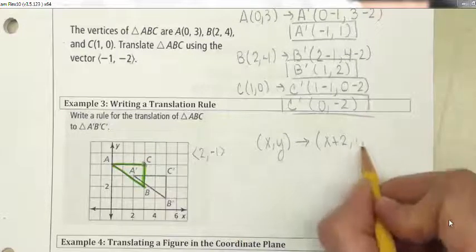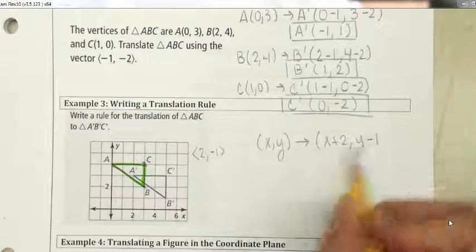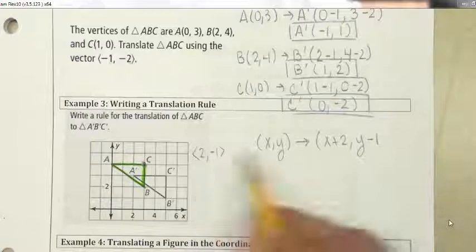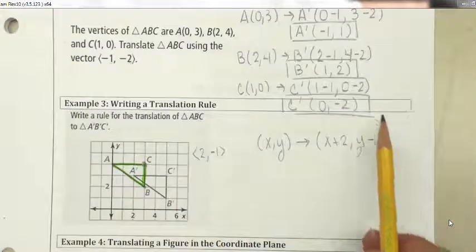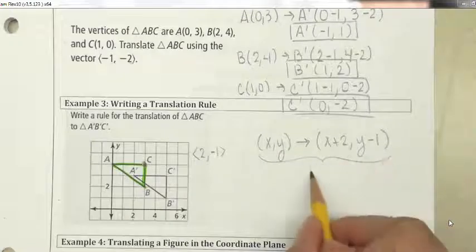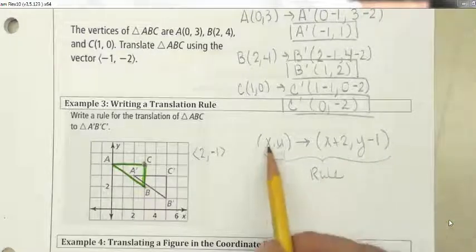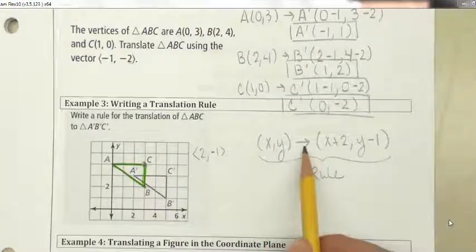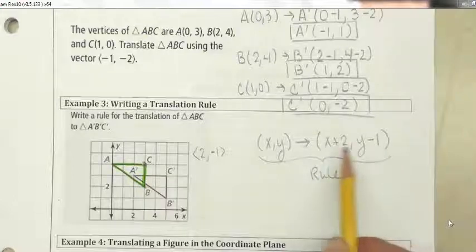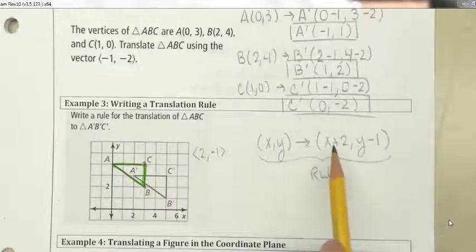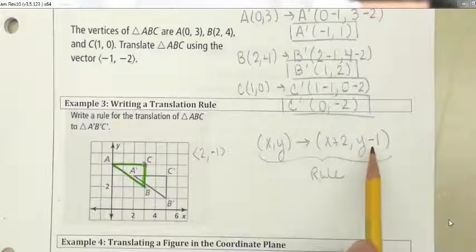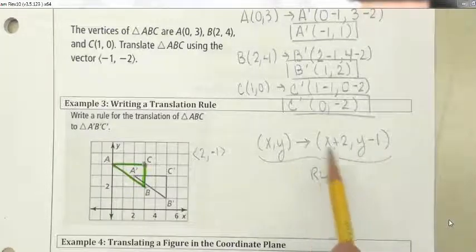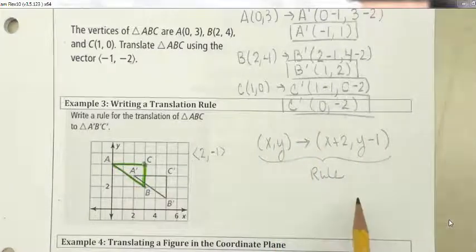So I take the y coordinate and I take 1 away from it, right? Or add -1 or subtract 1. This is how we write a rule. So this right here, the whole thing is the rule. Take every coordinate, do a transformation. Here's the transformation. We'll do different transformations, like we'll do reflections, and it'll look a little bit different than this. Okay, we'll do dilations. It'll look a little different. But the rules all pretty much get written like this.